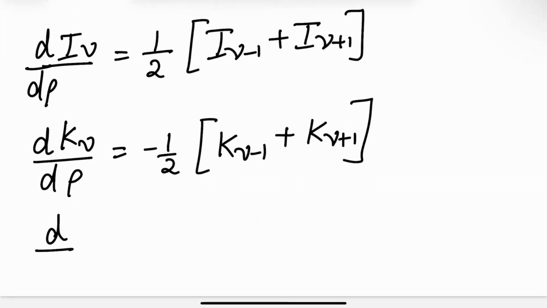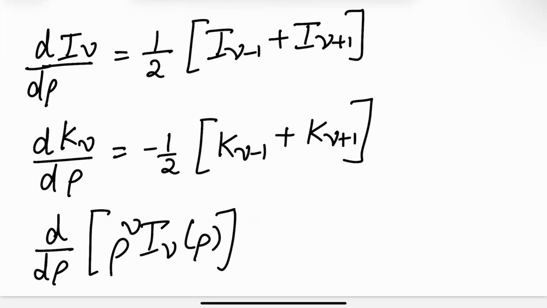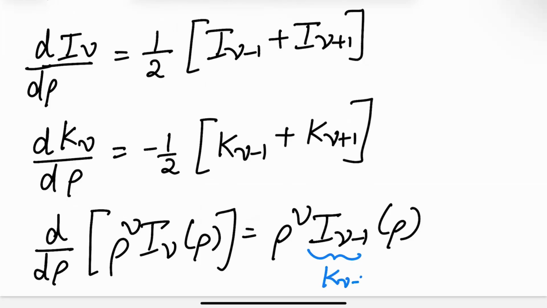And lastly, d/dρ of ρ^ν I_ν(ρ) is equal to ρ^ν I_{ν-1}(ρ). And the same thing, I can replace this with K_{ν-1}, but this becomes minus ρ^ν, and this becomes K_ν(ρ). Okay, that's the last relationship.